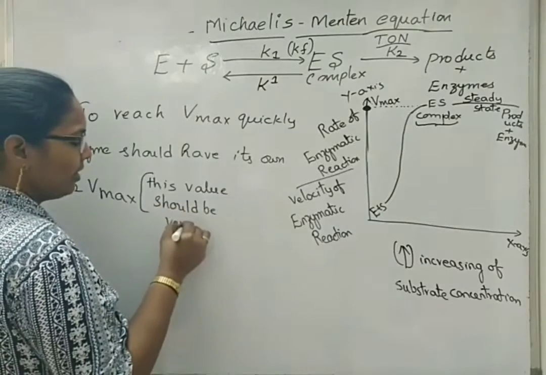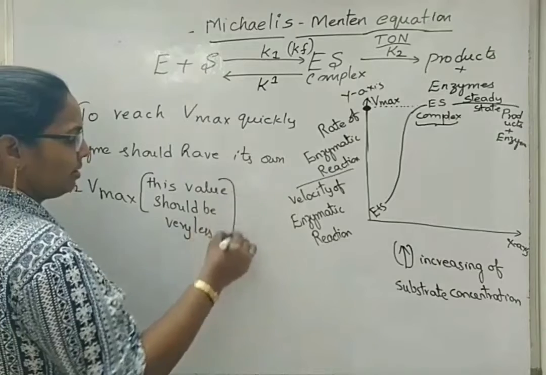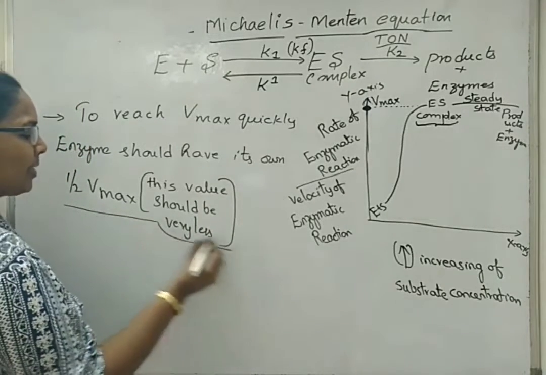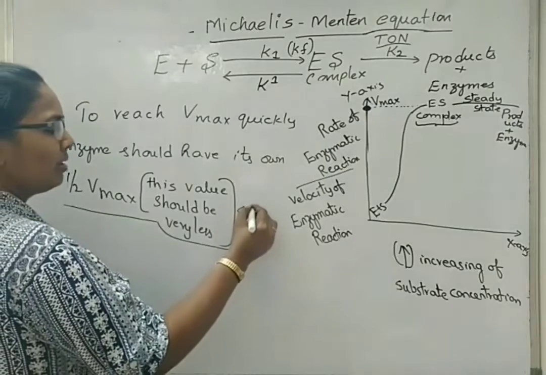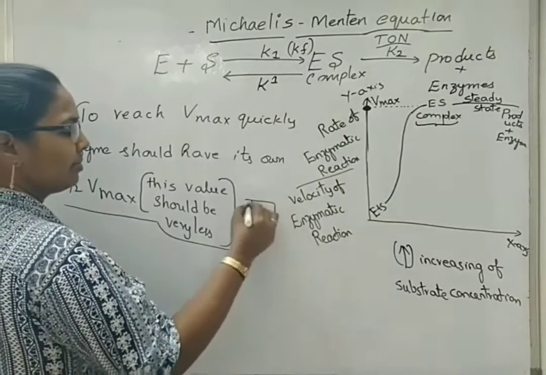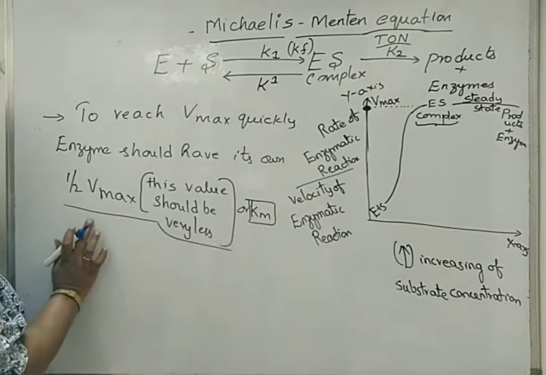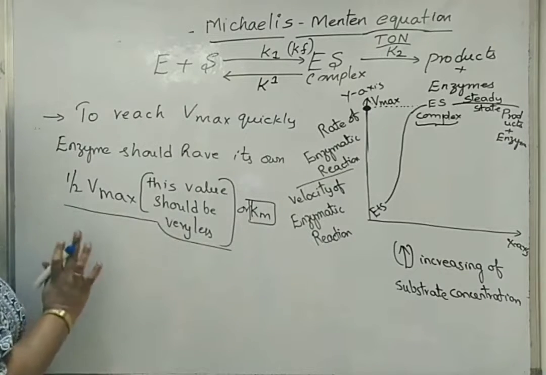Now, this half Vmax can also be represented by Km. Now we will see what this Km is and how it is equal to half of the maximum velocity.